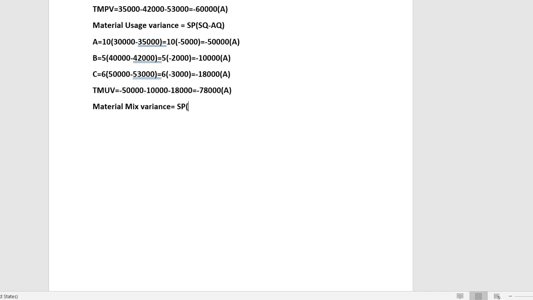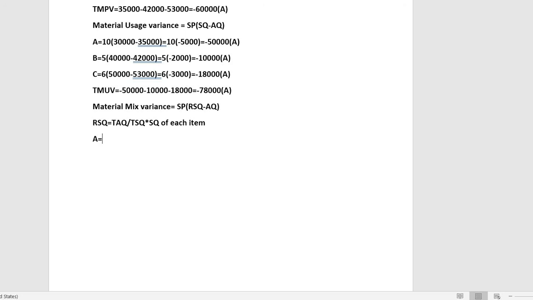Material mix variance is equal to standard price into revised standard quantity minus actual quantity. Therefore, revised standard quantity is equal to total actual quantity divided by total standard quantity into standard quantity of each item.